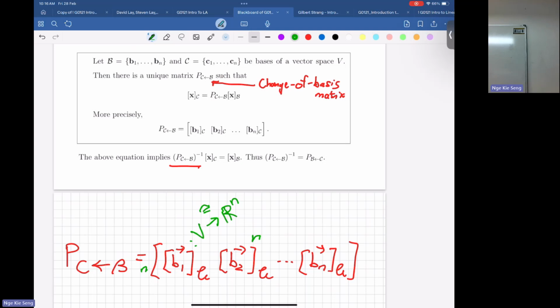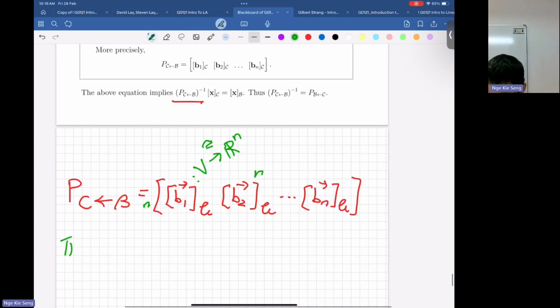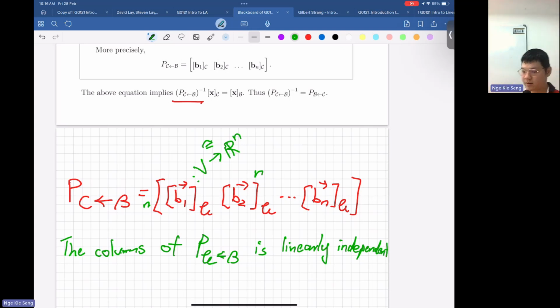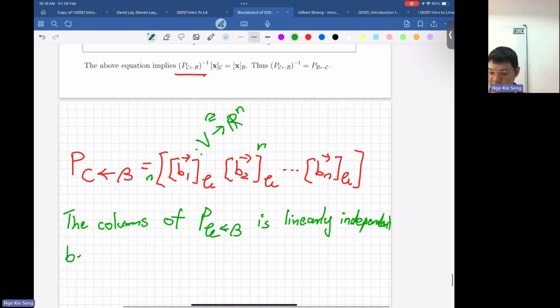So we will have that the columns of this P from B to C are linearly independent, because the Bi are linearly independent.